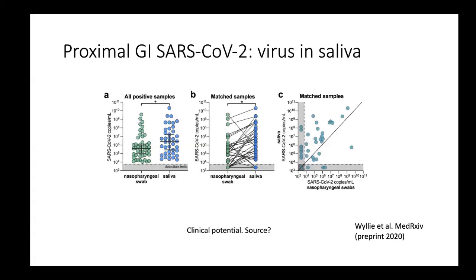Another thing, we're talking about stool, but this is actually from a paper that looked at whether saliva could be a relevant material for diagnosis of COVID-19. And you can see that it actually works quite well, that you have a high degree of positivity of SARS-CoV-2 PCRs in saliva compared with nasopharyngeal swab.